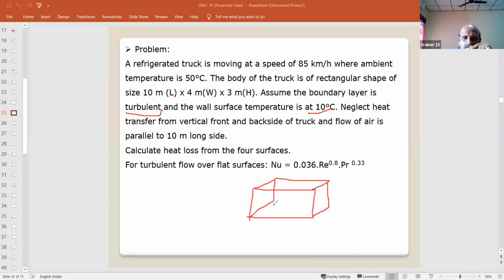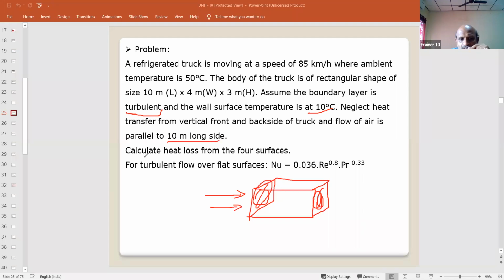That means this is the vertical front, we can neglect. Similarly, this is the vertical back side. So you can neglect these two. And flow of air is parallel to the 10-meter long side. That means air is flowing parallel to these two plates.